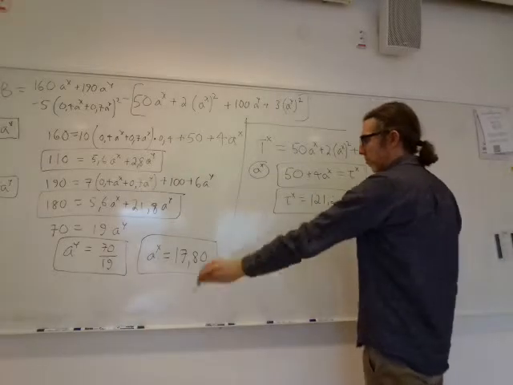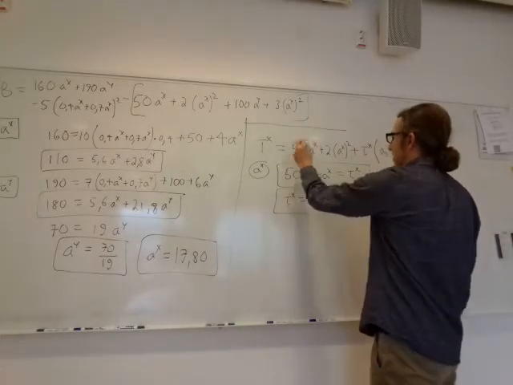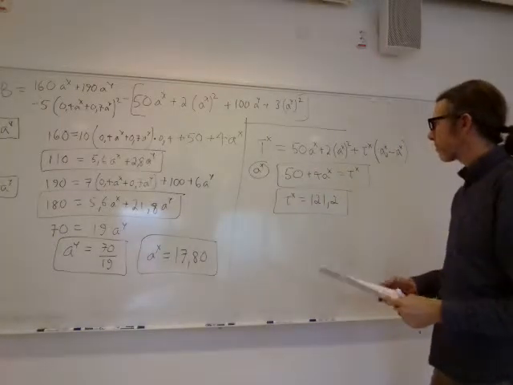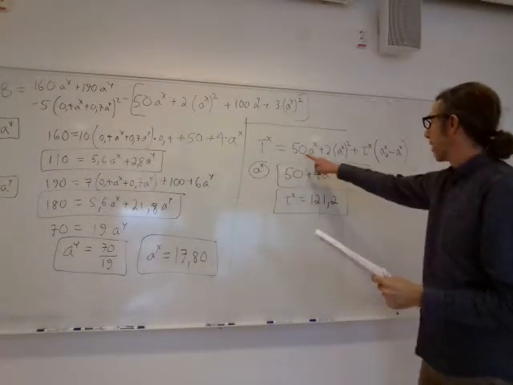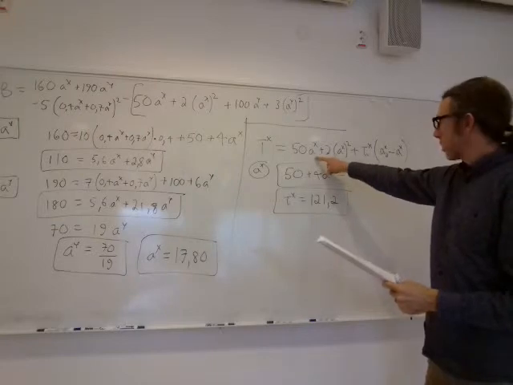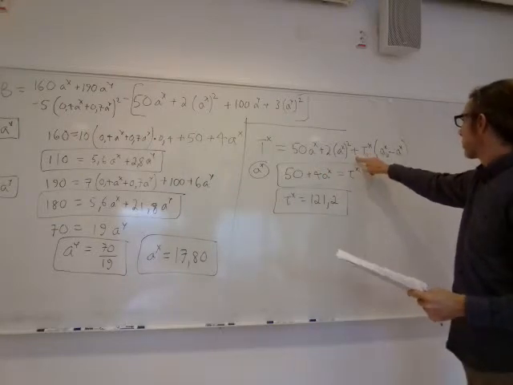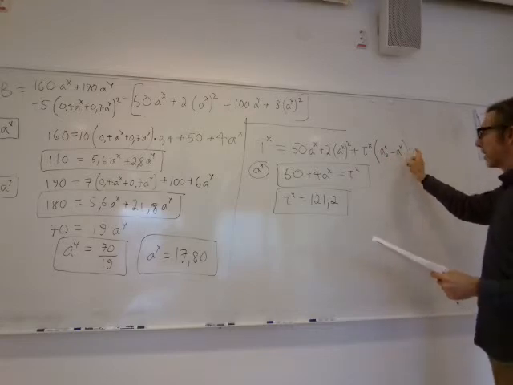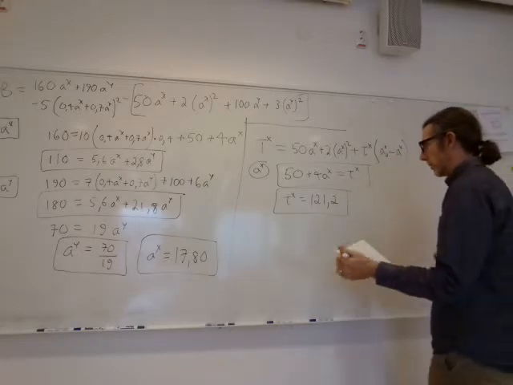And we could easily do the same process for firm Y. What would we have then? We'd have 100 AY plus 3 AY squared plus tau Y times (A naught Y minus AY), first order condition, and so on.